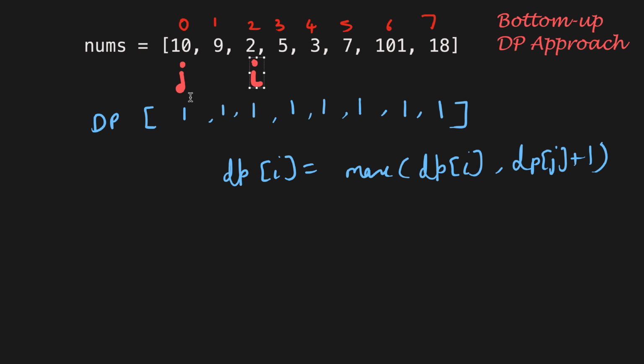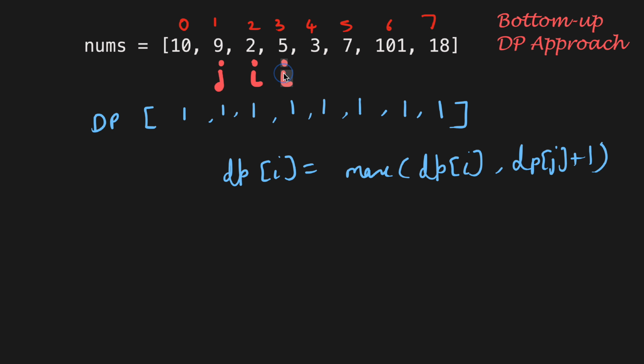So we compare nums i with nums j, that is 2 with element 10, but since 2 is less than 10, we cannot form the increasing sequence. So we move j to index 1 and again compare 2 with element 9, and again we cannot form an increasing subsequence. So dp of 2 stays 1 itself.